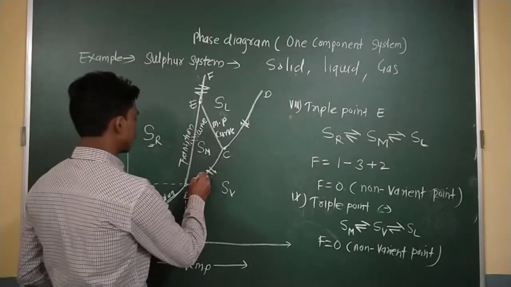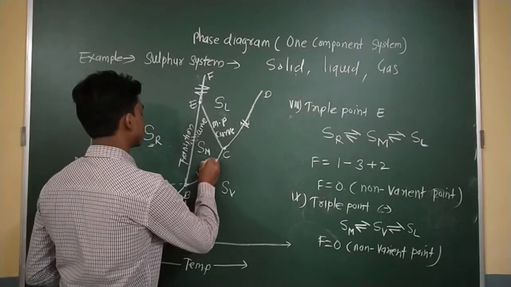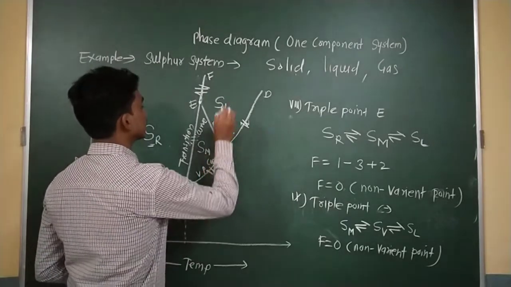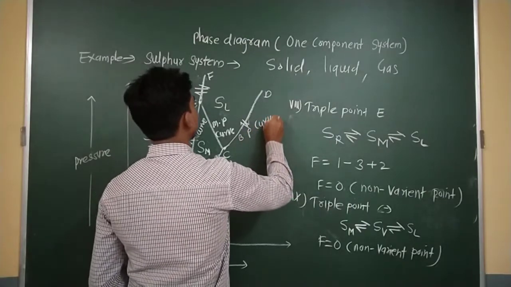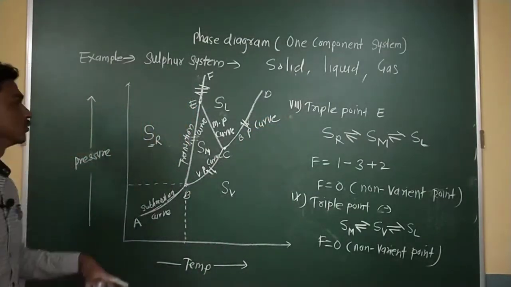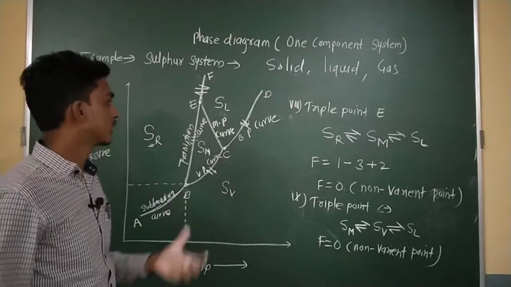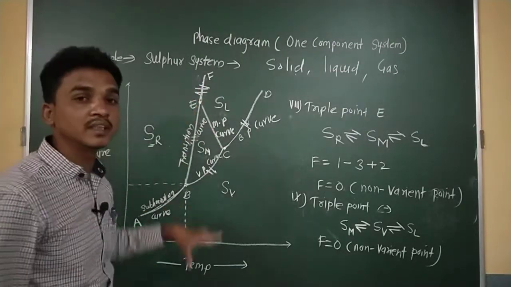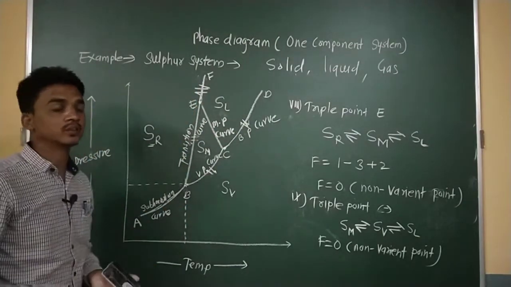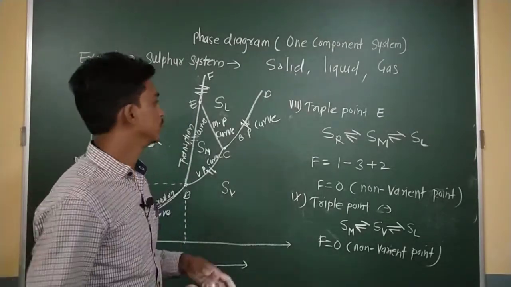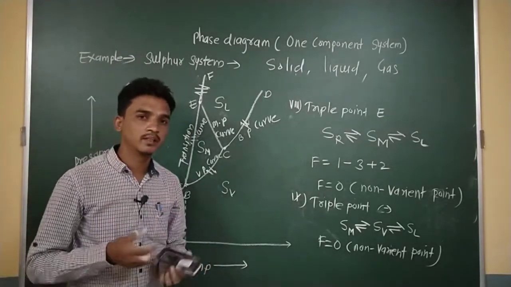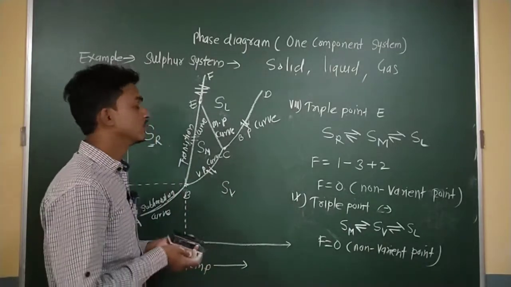All these things are related to the melting point curve. This is the vapor pressure curve, and this is the boiling point curve. I think you have to write all these things in your notebook systematically. You can use any books, any PDF files and any videos.